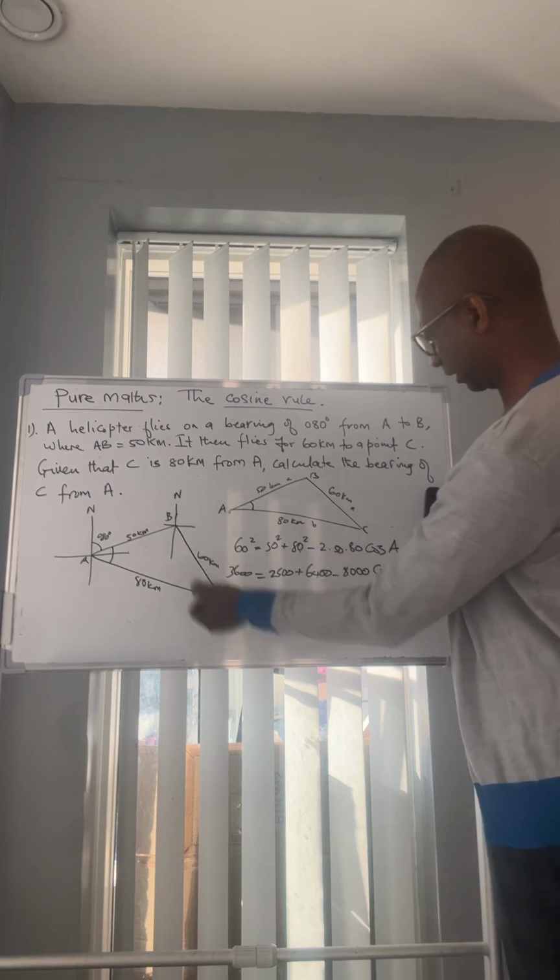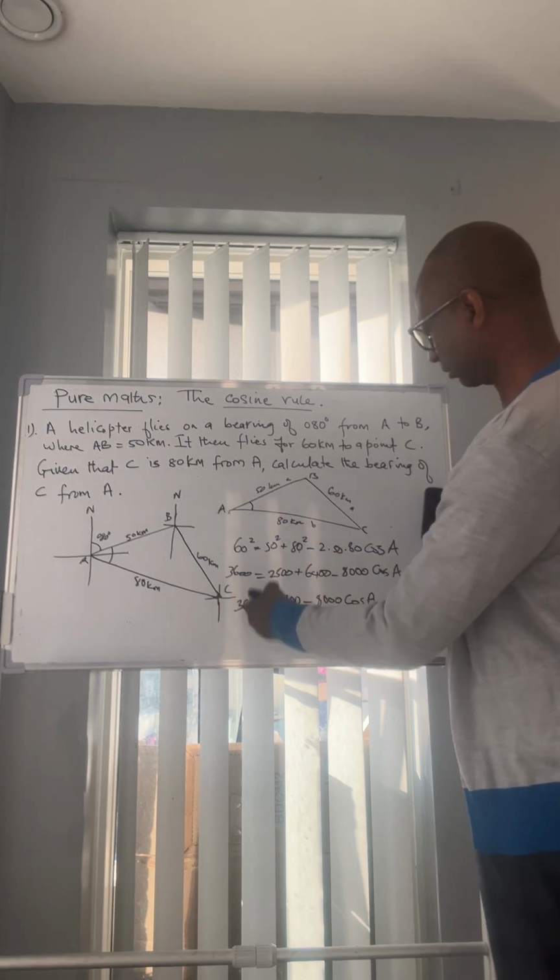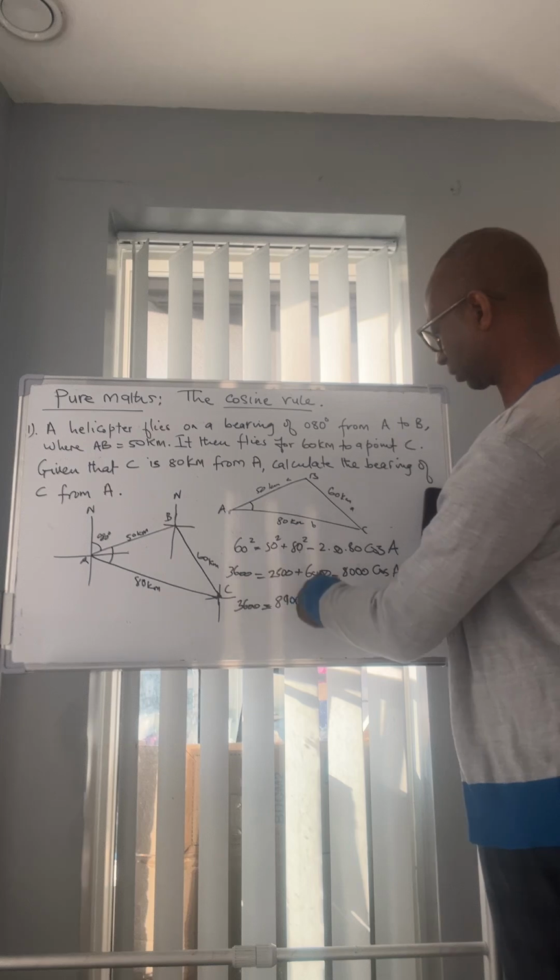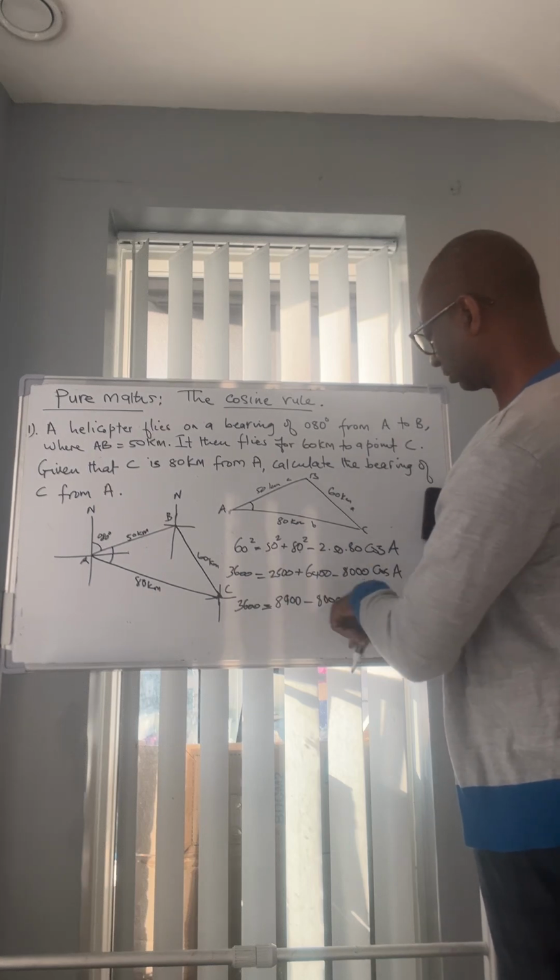So I'll take cos A to the other side, the left hand side, and I'll bring the 3600 to the right hand side.